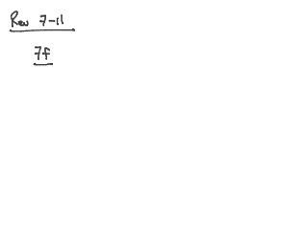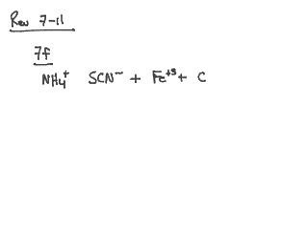Yes, it says a solution of ammonium thiocyanate. So ammonium is NH4, and I'm going to separate it because all ammoniums are soluble. And thiocyanate is SCN negative. It reacts with a solution of iron 3, so Fe plus 3, plus chloride. You're right at complexation.